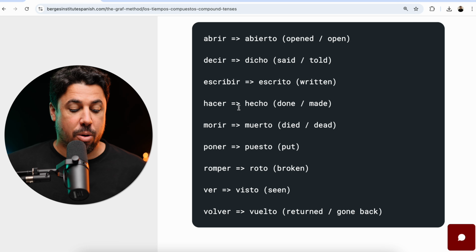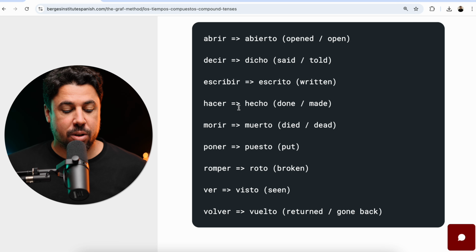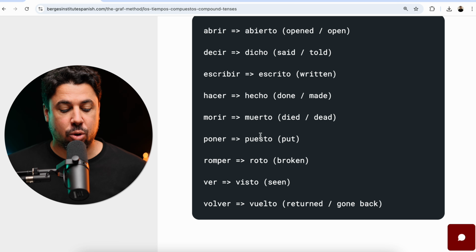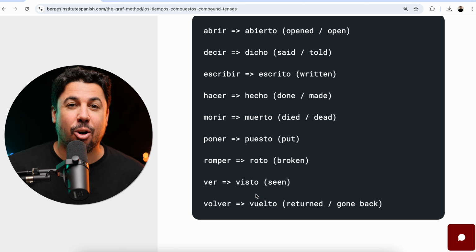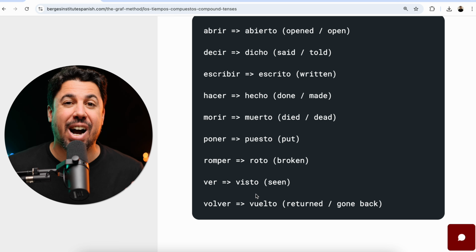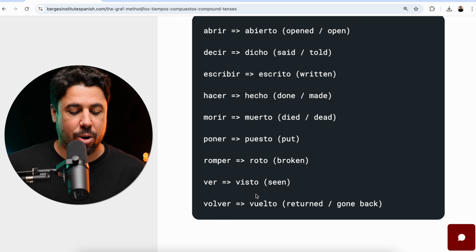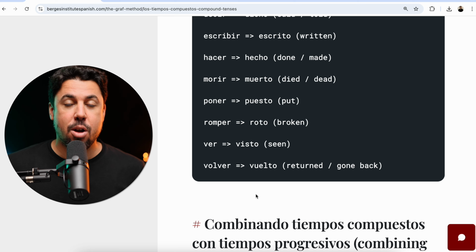Hecho. For morir, muerto. Poner, puesto. Romper, roto. Ver, visto. So I have seen something. Yo he visto. I had already seen something. Yo había visto. And volver, vuelto.